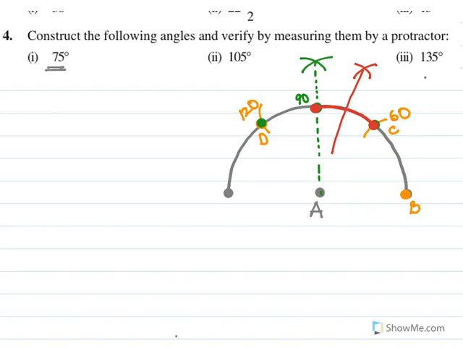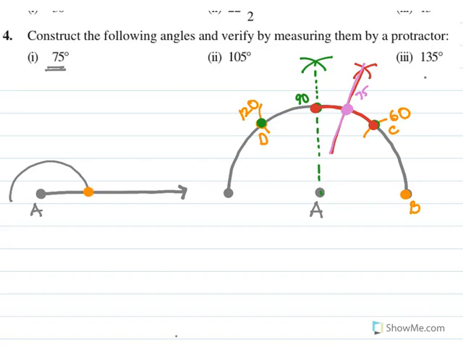So this point would now be marked as 75. So let's go ahead and draw 75. First we'll draw a ray. We'll keep the compass at point A. We will draw an arc.